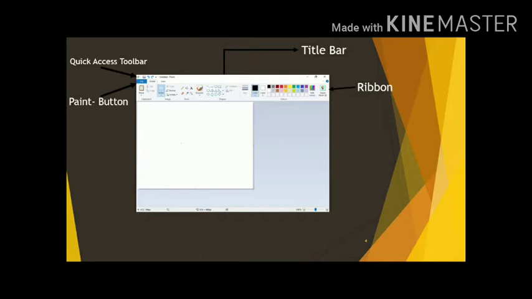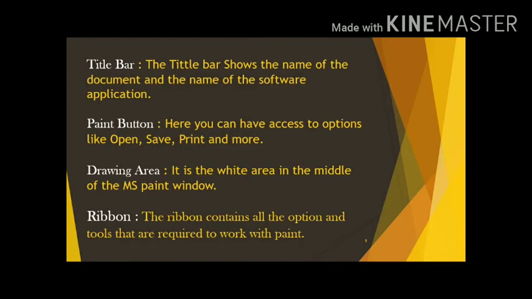It tells that now you can work with MS Paint. Here you see the Quick Access Toolbar, Paint button, Title bar and ribbon. We discuss this briefly in this video. Title bar. The title bar shows the name of the document and the name of the software application.